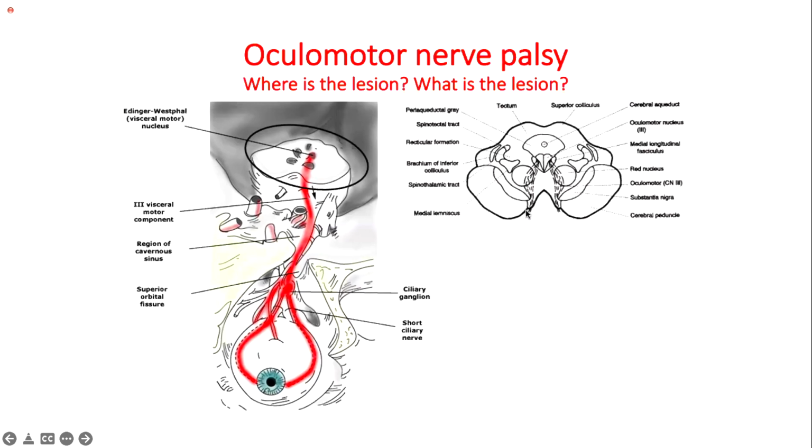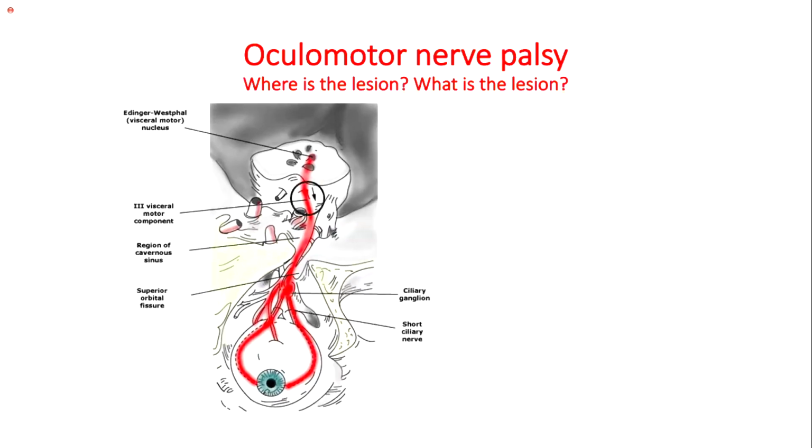The patient is not going to say, I have a midbrain lesion, but will come with a third nerve palsy and a contralateral hemiparesis, which then you know is in the midbrain, because you have upper motor neuron signs. It is after that that you can answer the second question, what is the lesion? Now that you know it's in the midbrain, your differential diagnosis is stroke, tumor or demyelination that is specific to that site.